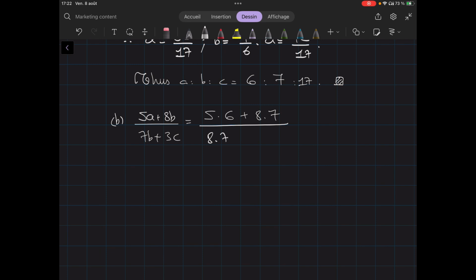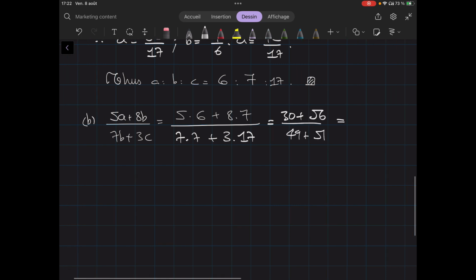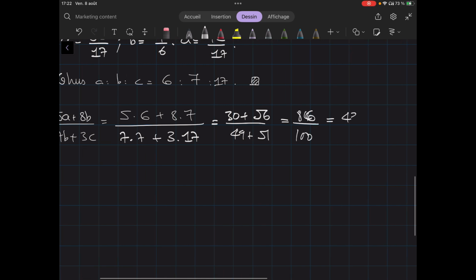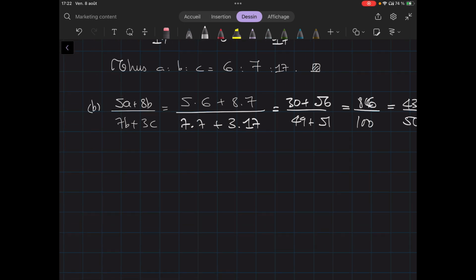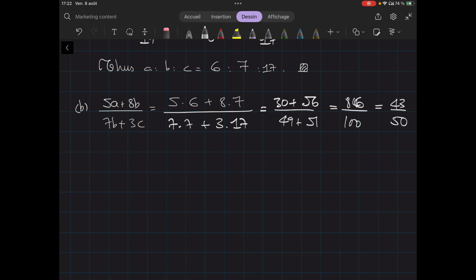If b is equal to 7, then c should be equal to 17. 5 times 6, 8 times 7, 7 times 7, 3 times 17. 86 over 100, or 43 divided by 50. We can do this because we're looking for a ratio. So we can assume a equals 6, b equals 7, c equals 17.